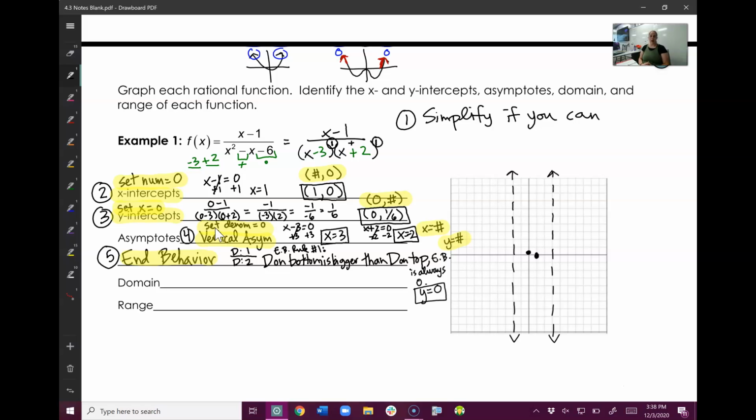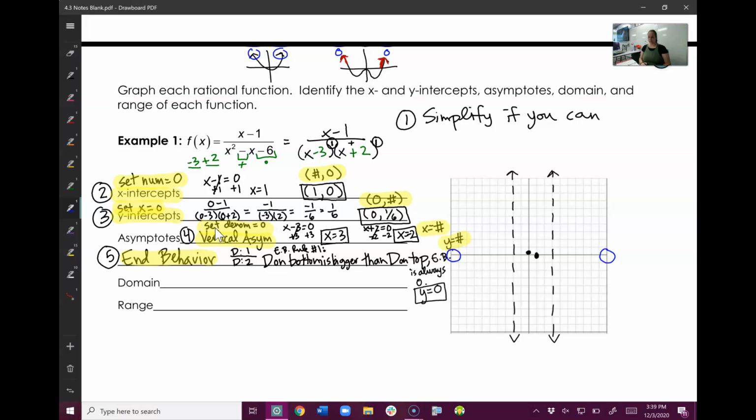The way I graph that is I take my circles like I did with polynomials, but instead of in corners, my circles are going to go off to the side at 0, or the axis. So if you ended up getting y equals 2, a number, which is something we'll do in the next problem in the next video, you would go up to 2 and put both circles at 2 on the side.